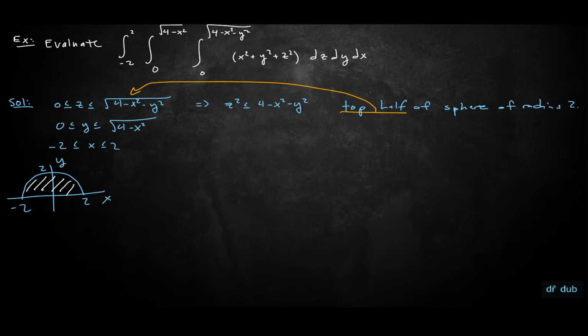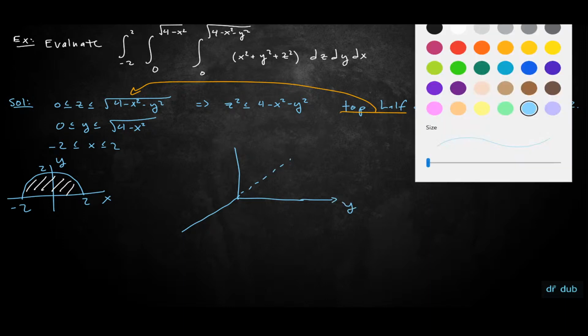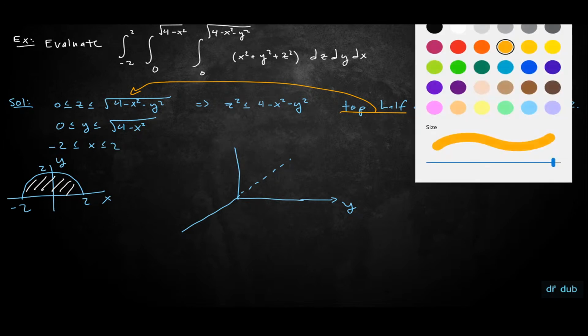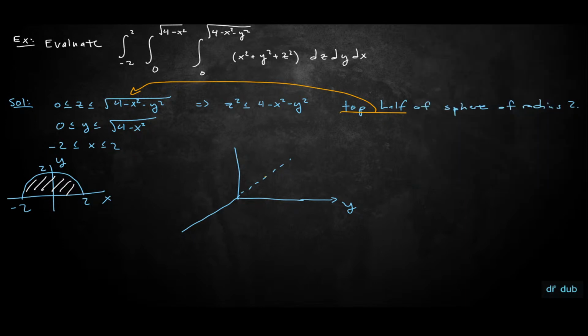So if we graph it in 3 dimensions, this solid is like the top half of a dome, but it's the half that is to the right of the xz plane. So let's say negative 2 to 2 in the x direction, and then this way.